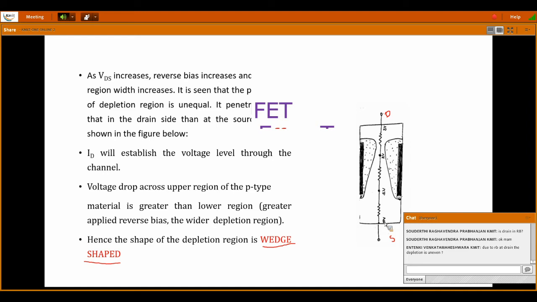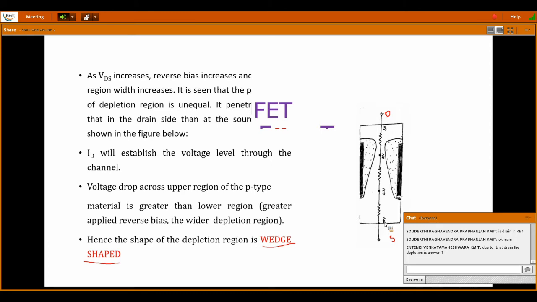So this is the resistance because of the internal reverse bias. This reverse bias is not mentioned anywhere. But internally, since the drain is connected to an N-type material and it is connected to the more positive terminal, more reverse bias is offered by the drain terminal.